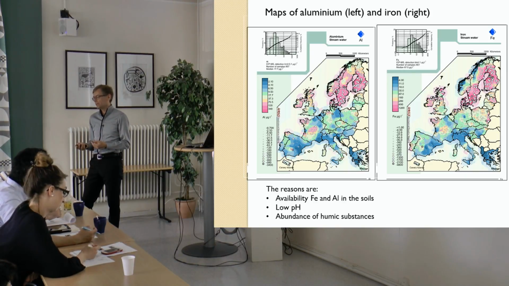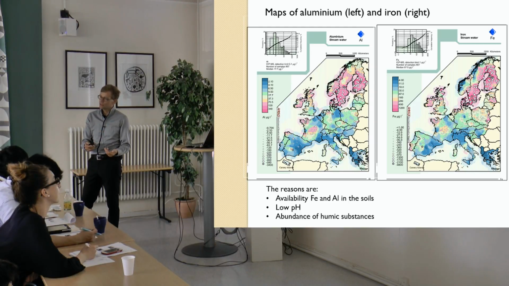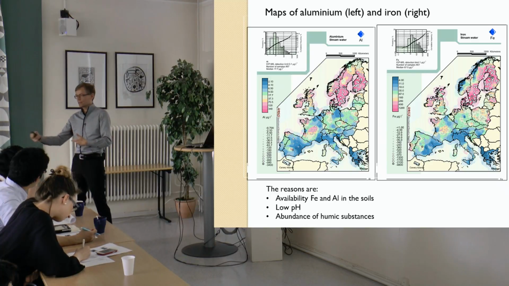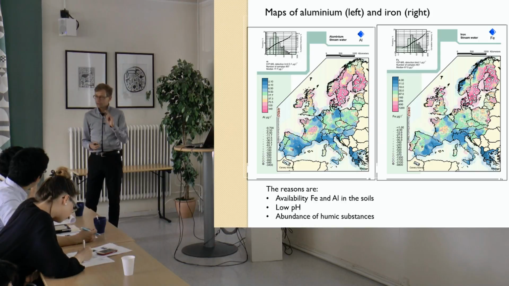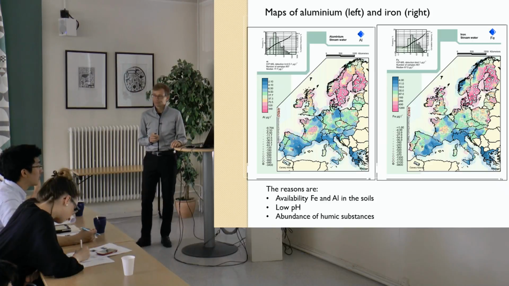They cause a drop in pH. A drop in pH increases the solubility in soils of metals, so we get them into solution. The humic substances pick them up and transport them downstream. So everything goes together, and humic substances are a key player here.